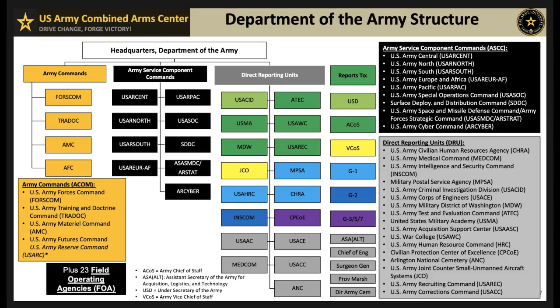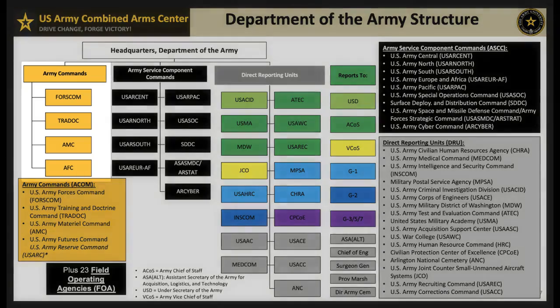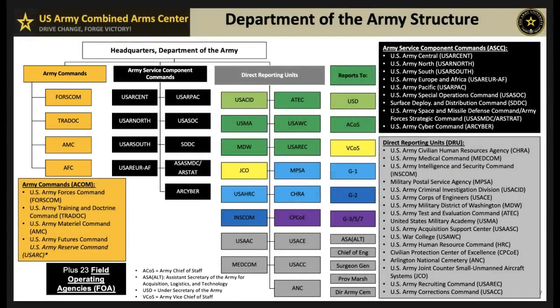This diagram outlines the Department of the Army's organizational structure, highlighting key components and their roles. The Army Commands, or ACOMs, are at the core, each with a distinct mission. FORSCOM prepares and trains forces, TRADOC handles institutional training and doctrine, AMC oversees logistics, and AFC drives modernization.